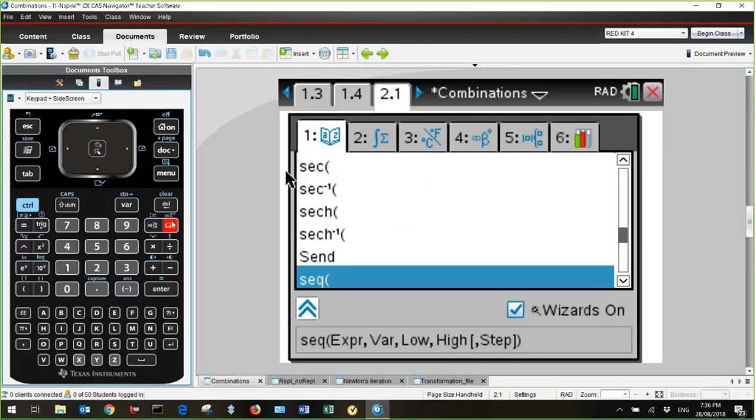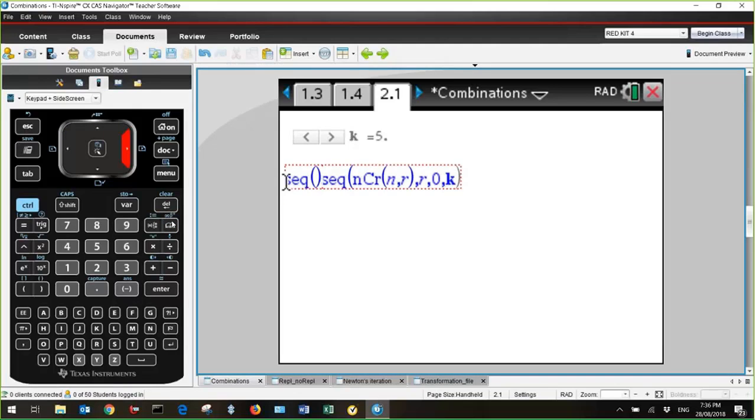Okay, so that whole sequence command is my expression. The variable this time is N, and I want to go from 0 to K.